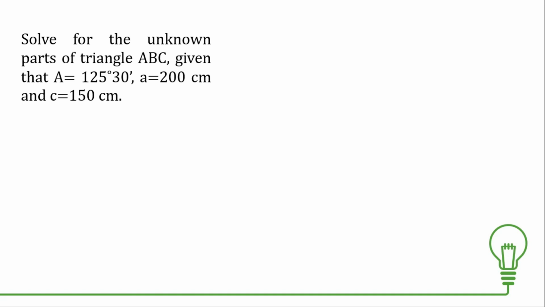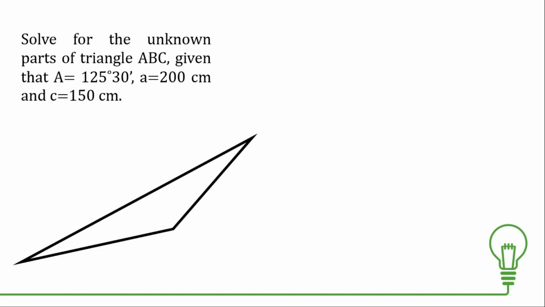So in this case, we are to solve for the unknown parts of triangle ABC, given that A is equal to 125 degrees and 30 minutes, a equals 200 centimeters, and c equals 150 centimeters. So let us draw it first.